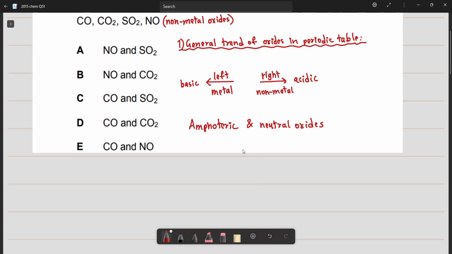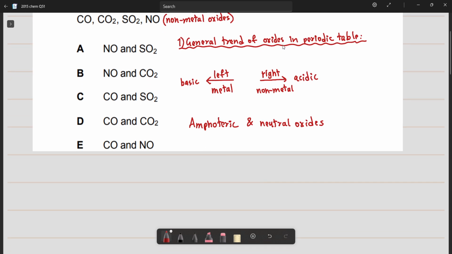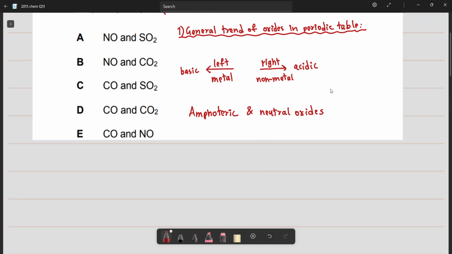So these are two exceptions. Apart from the general trend in oxides, moving to the left side, the metal oxides are basically basic, and the right side of the periodic table, which is non-metal, is acidic, and they form acidic solution when they react with water as an oxide.